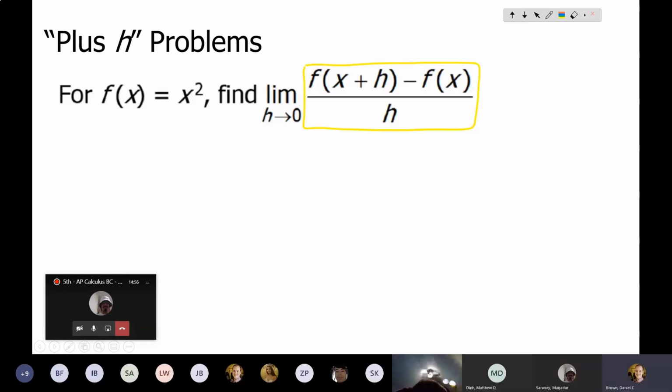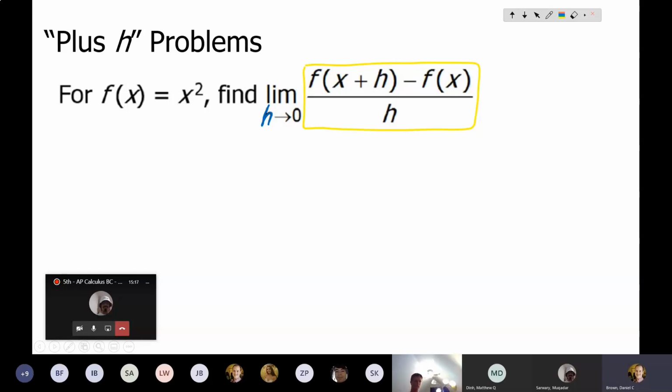Some things I want to point out with this one that are different from the other ones we've done. This one has h approaching 0 instead of x approaching 0. So the variable that is changing is the h, and x is going to act in some ways like a constant. Since it's not changing, it doesn't have the limit for it.